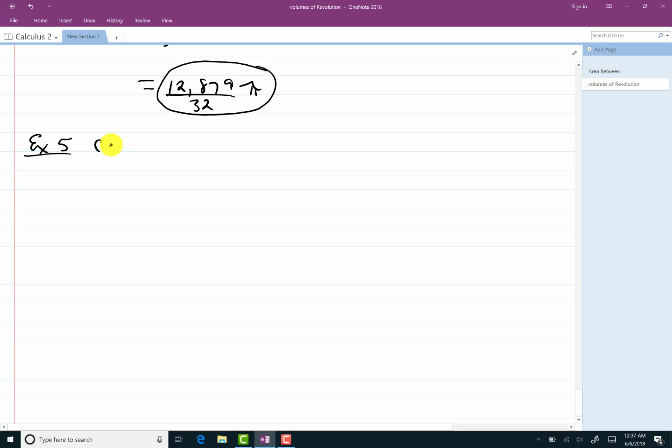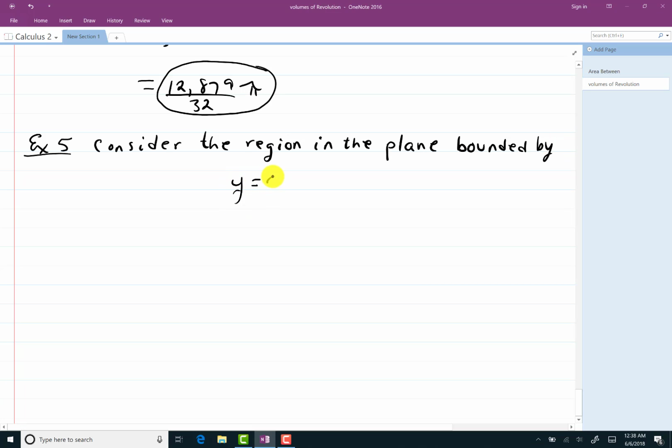Consider the region in the plane bounded by y equals 0, y equals 1, y equals ln x.